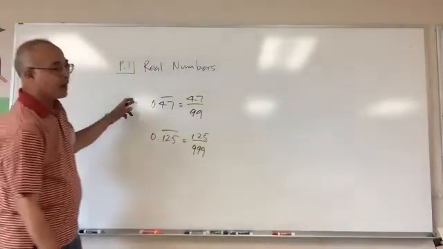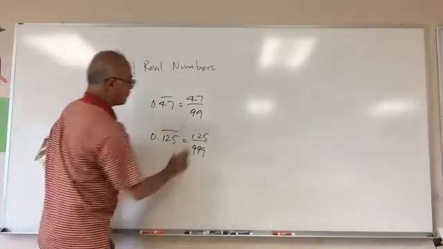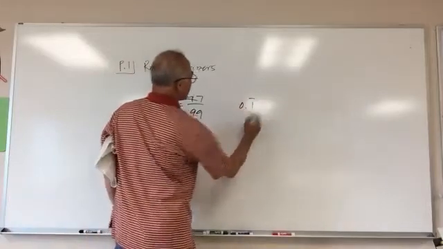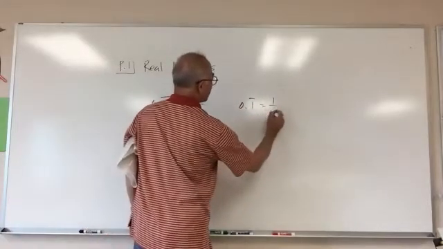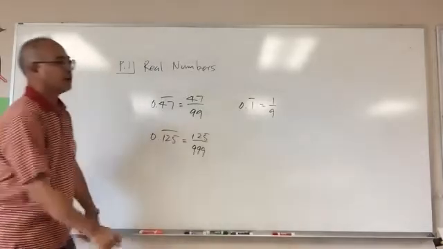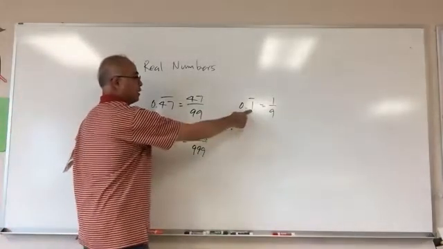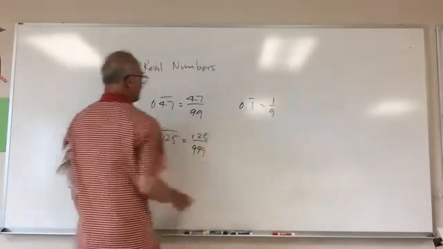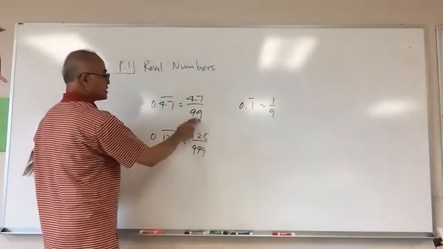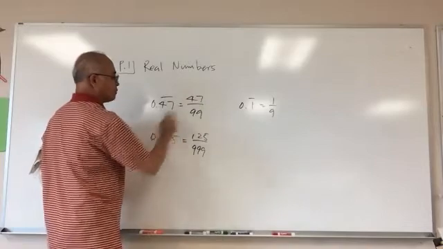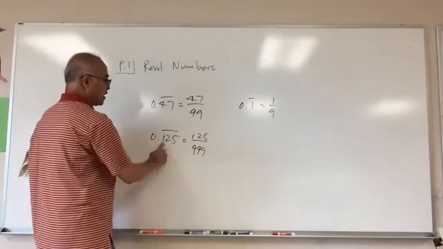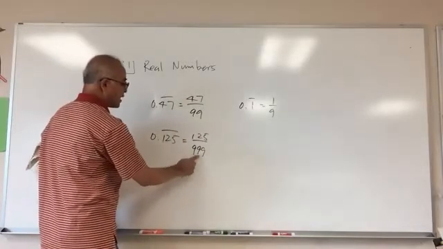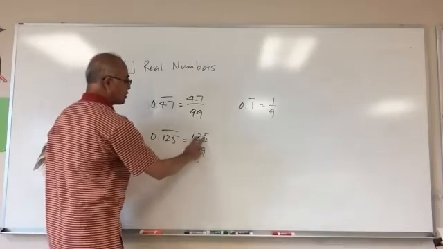Can you see the pattern here? If I have 0.1 repeating, this is 1/9. In other words, if I have one digit that's repeating, I put a 9 underneath and the digit goes over here. If I have two digits, it's 99 with the 47 moving up here. If I have three digits, it is 999 with the three digits going up here.